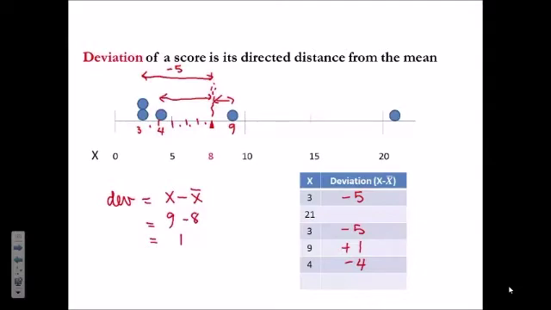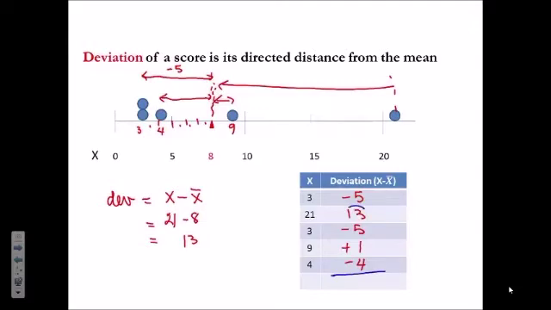And finally, how far is 21 from the mean? That would be 21 minus 8, and that's 13. 13 boxes above the mean. Now, if you add all the deviations together, what do you get?